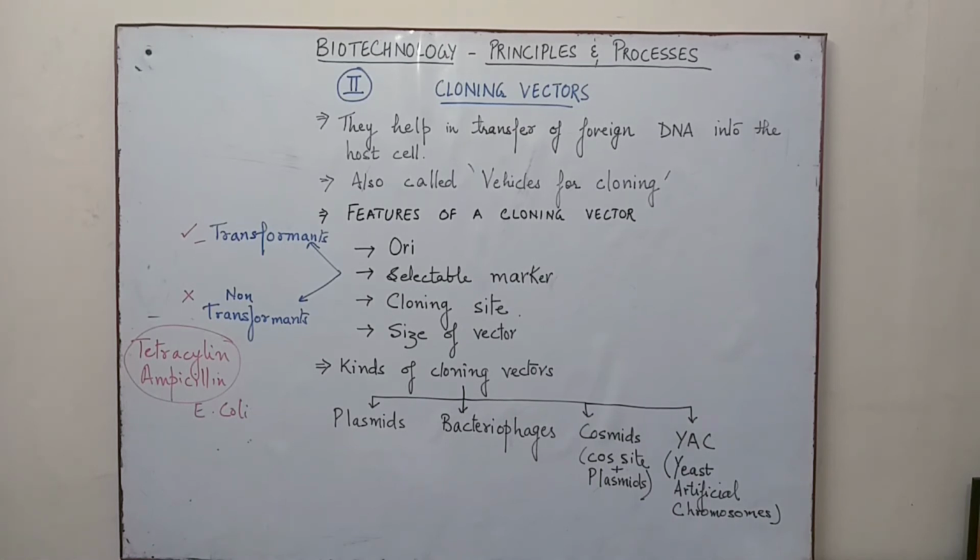Most of the vectors normally have unique recognition sites for several restriction enzymes, and these recognition sites are present within a very small narrow DNA fragment. Suppose the DNA fragment is this long, it will have many recognition sites over here for different types of restriction endonucleases.